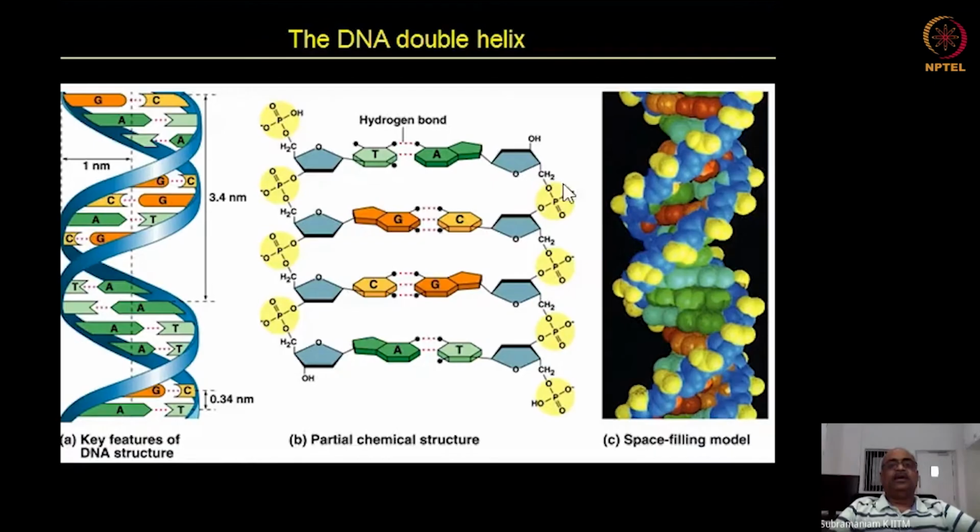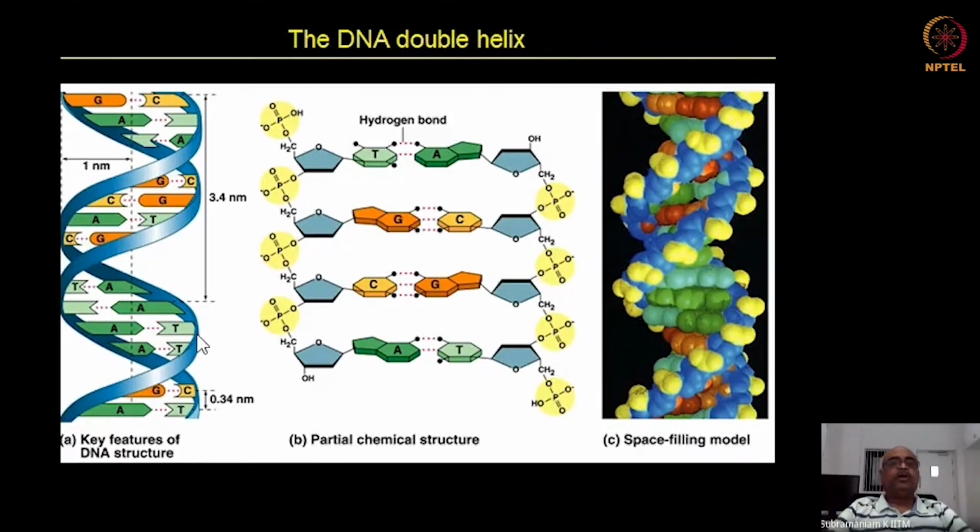Two adjacent strands can base pair, like A with T and G with C, and that is why it's called pairing, and that base pairing bond is actually a hydrogen bond. This sort of double-stranded structure forms a helical twist, and that is how the actual DNA structure is. So this is what we need to know.